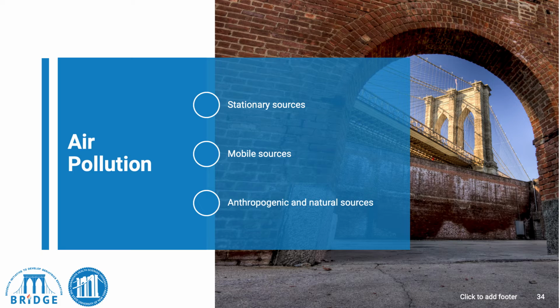There's, of course, natural sources. So there would be air pollution, what we might consider air pollution no matter what in the world, volcanoes and sandstorms and a variety of other naturally occurring events that would create air pollution that would be of concern. But we have added to that mix.